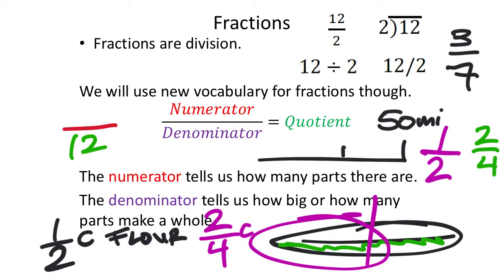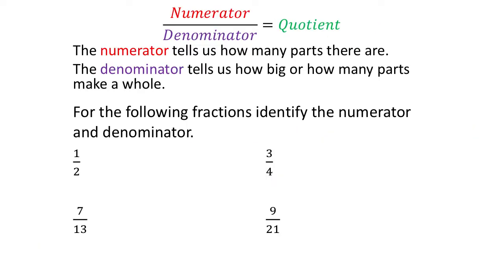I feel decent about those examples, but I like the sandwich one the most. So let's look at these examples. All we're doing on these 4 examples is identifying the numerator and denominator. That is all. We don't have to worry about changing these values or finding equivalent values like we did with the sandwich example. All right, so 1/2 right here on this one.